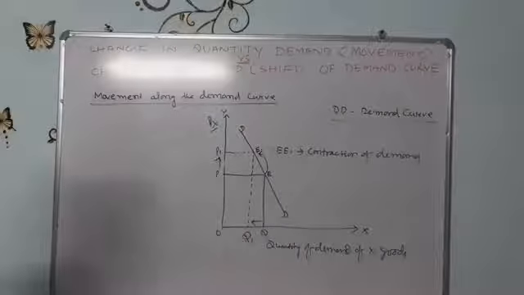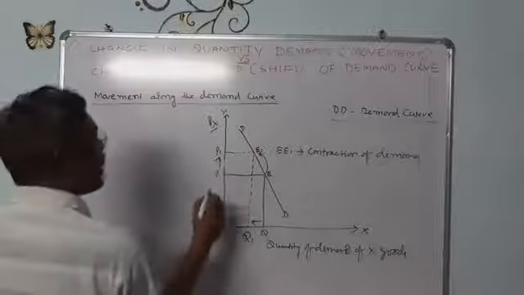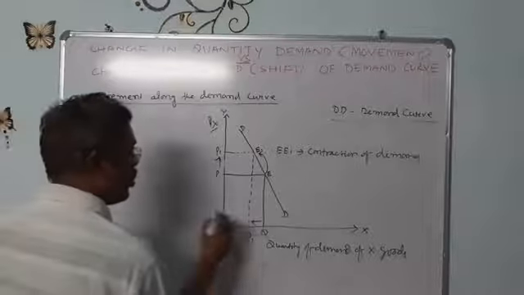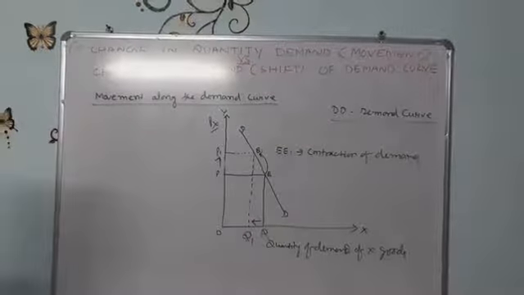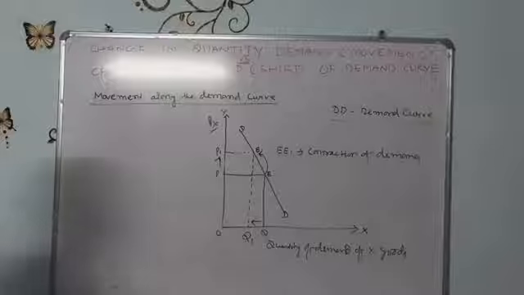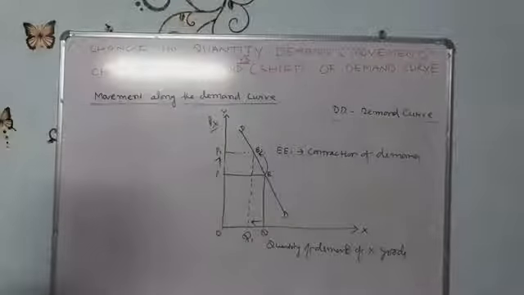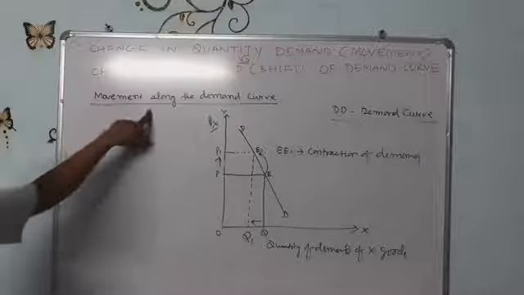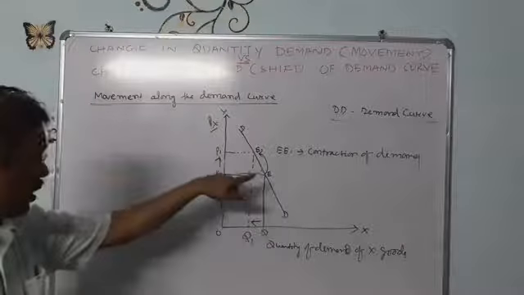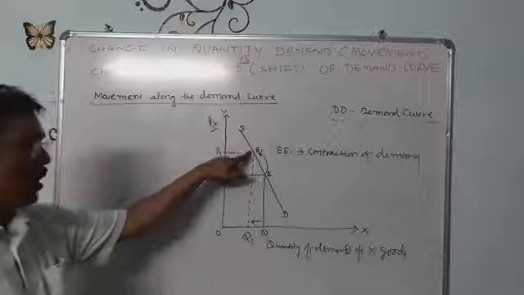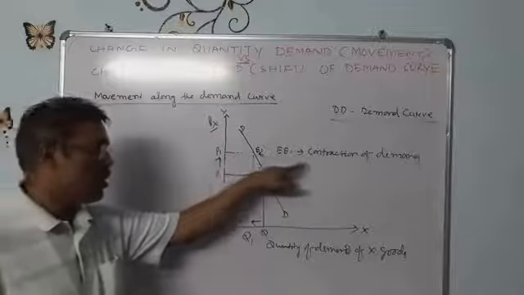Due to the increase in price, other things remaining same, the movement from E to E1 on the same demand curve is known as the contraction of demand.